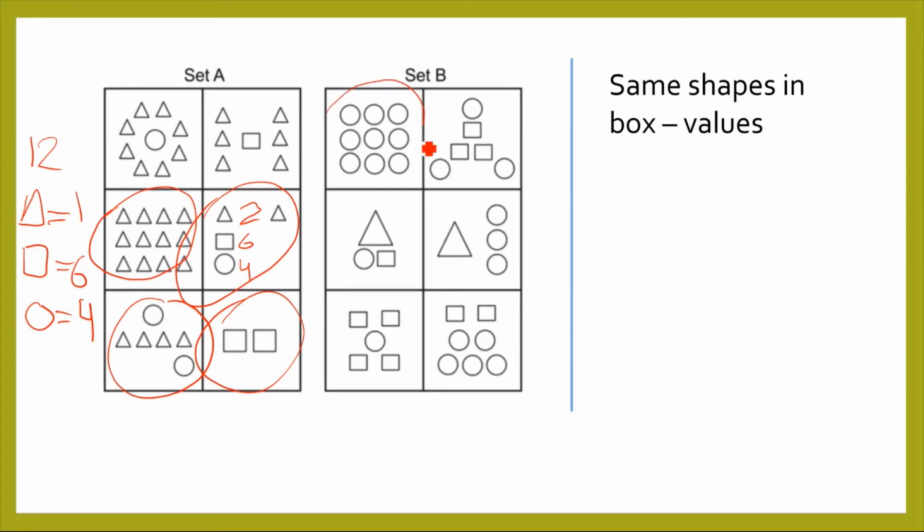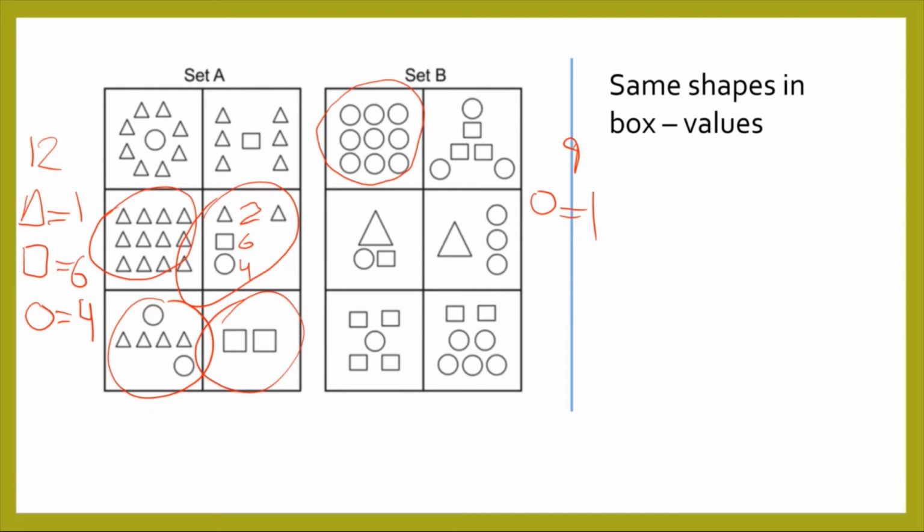I can see that I have all circles in one of them. So I can make circle equal to 1. I can give different values from the first one. I can say that the whole box is equal to 9 because we have 9 circles.